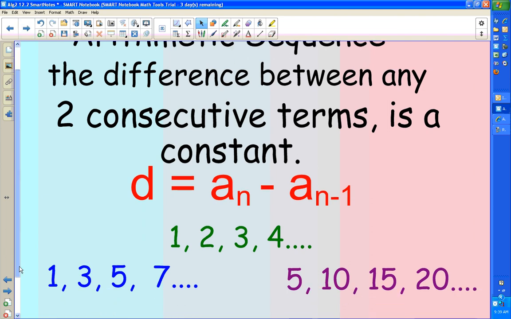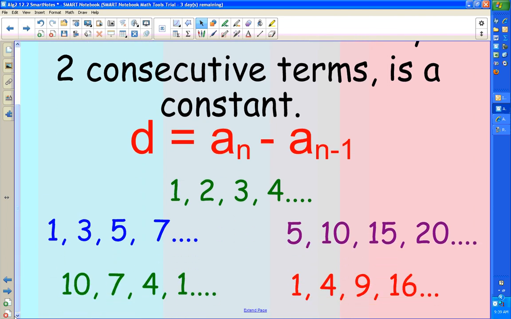So when you look at these sequences, there are several examples here. First thing you want to do is say, is the first sequence arithmetic? Is there the same thing being added over and over again, or subtracted over and over again? Yes or no?